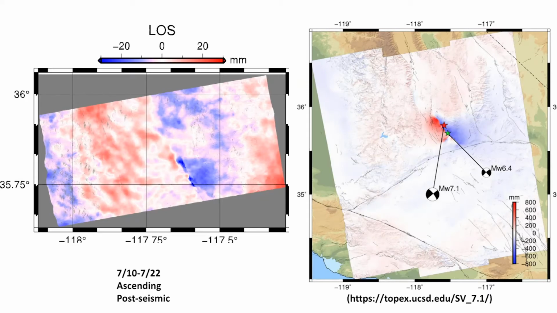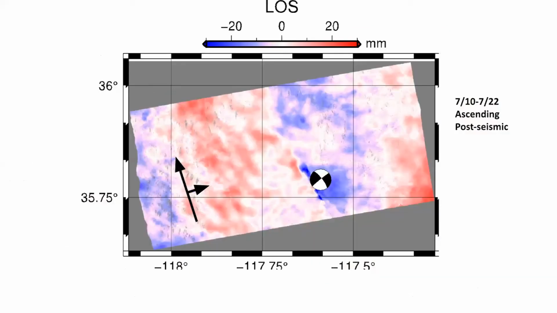They're moving away from the satellite here, and coming closer to the satellite there, which we also see in the co-seismic pattern here. So I plotted the line of sight direction with the pointing vector here, and the focal mechanism is right here. So yeah, this is it. Thank you.